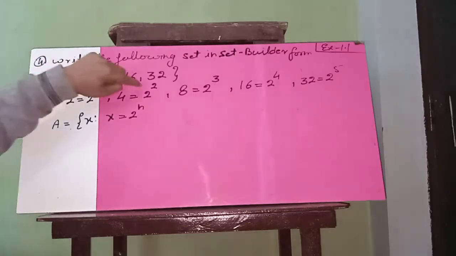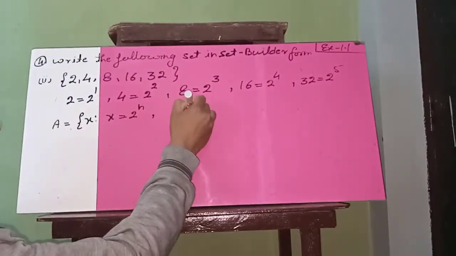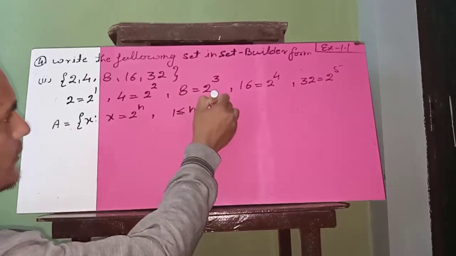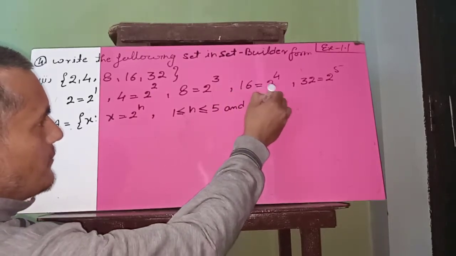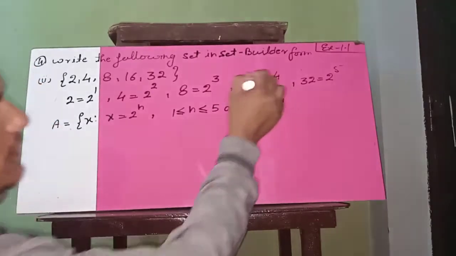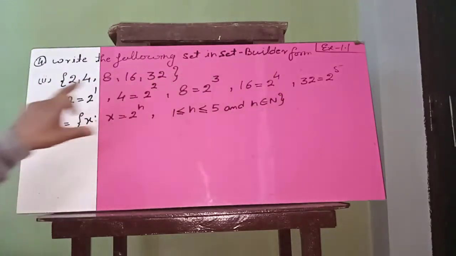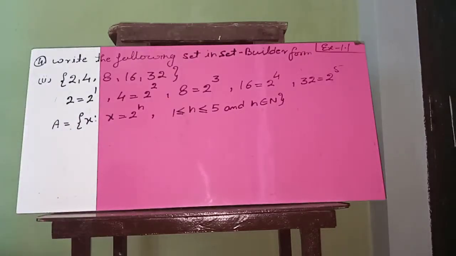N is 1, 2, 3, 4, 5, comma, n is greater than or equal to 1 and less than or equal to 5, and n is the element of natural number. So that is the set builder form of the given set.